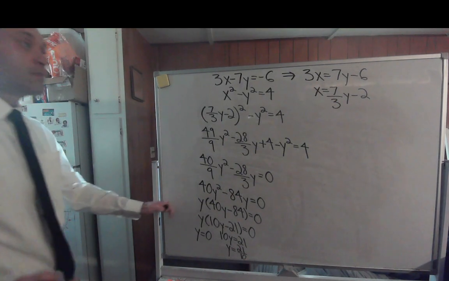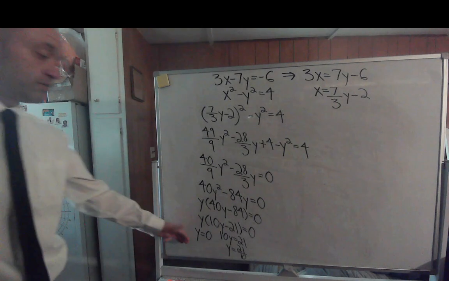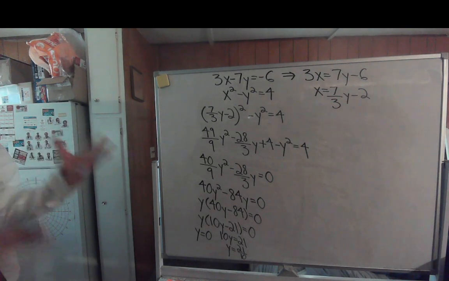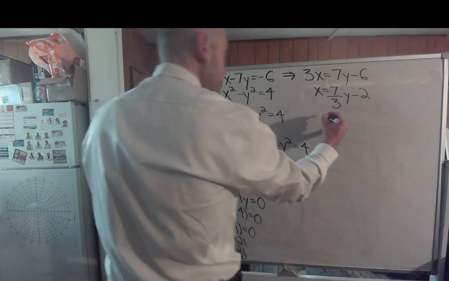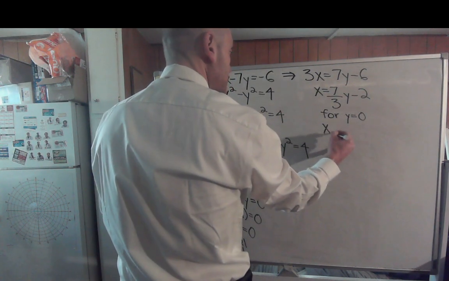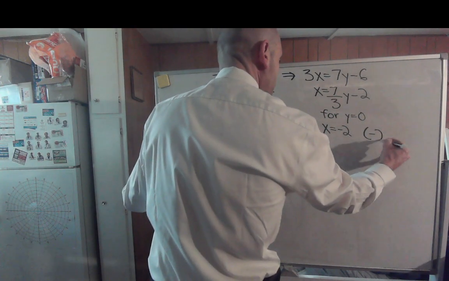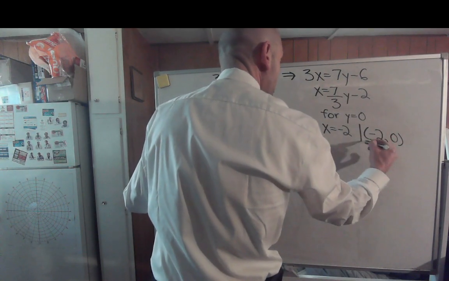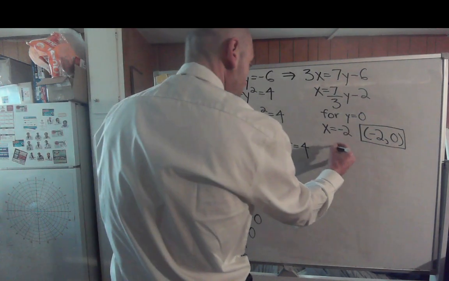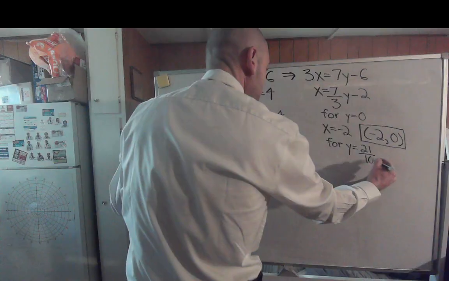All right, well, we have two solutions for y, which means we should actually end up with two solutions for x. So we're going to have two ordered pairs that actually work for this system. So for y equals 0, we'll solve that first. That just means x would equal -2. So you should get the ordered pair -2, 0 as one of your ordered pairs. That would definitely work. Now the fun one's going to be when y equals 21/10.